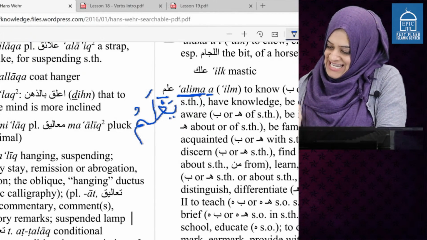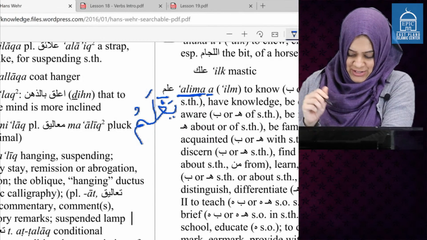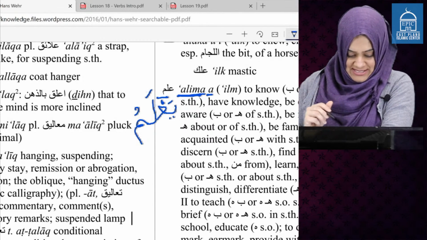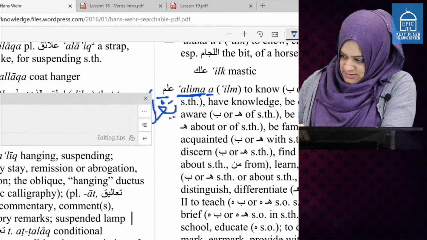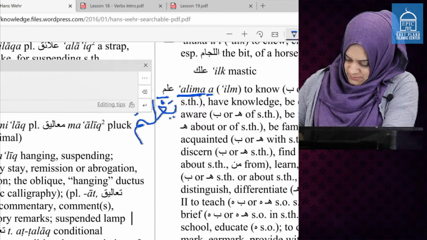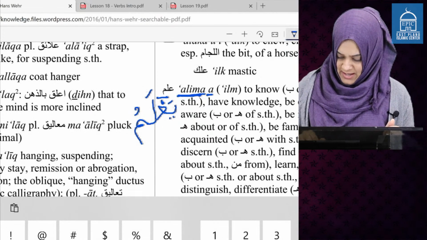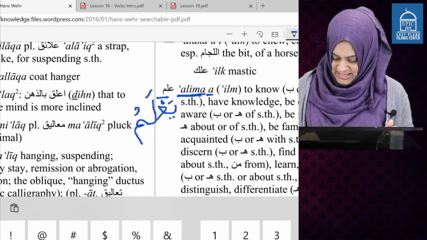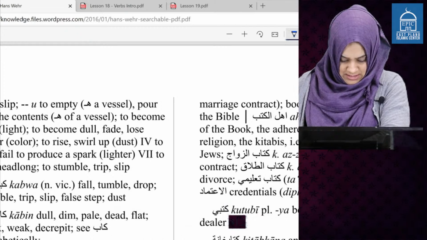Okay, and let's do another one. These are there in your notes actually, the practice exercises. Let's take kataba, okay? We have kataba, which is page 685. Here you go. Bismillah. Okay, kataba.